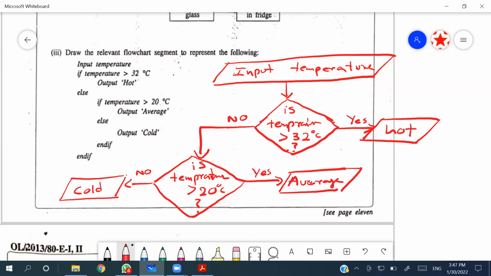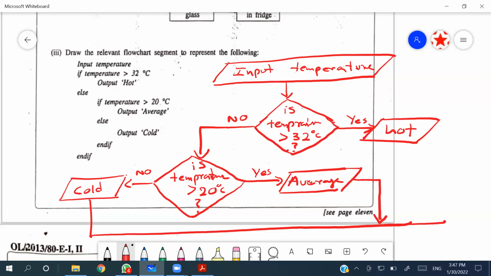Now, after the smaller if is ending, that means right over here. Then after this, the big if is also ending. So it may go like this, right?